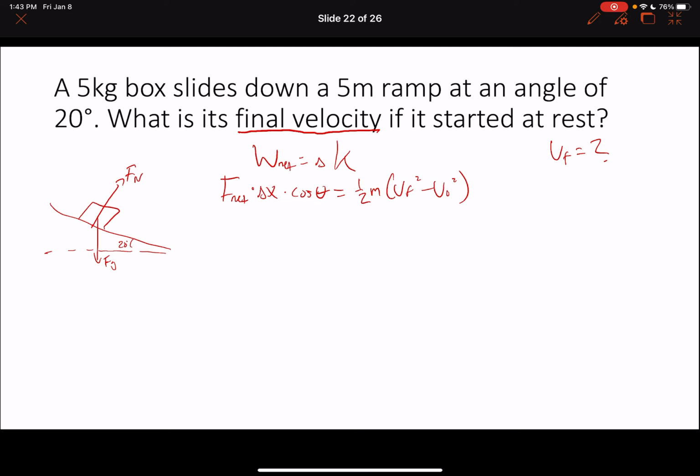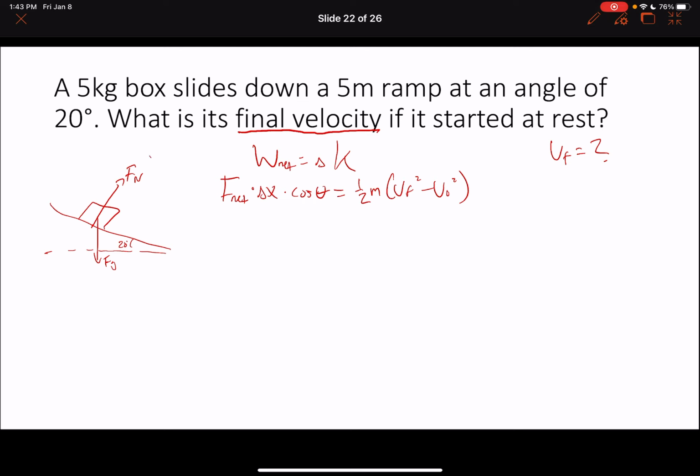We have to go back to our slope notes. But really, what we can do is just think about what is the force that's causing this box to go. On a slope, it's gravity that's causing the box to move. Gravity is doing the motion.